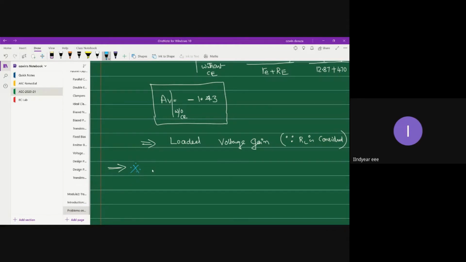So just take down, calculate the voltage gain without RL, or without load, for the bypass capacitor case.